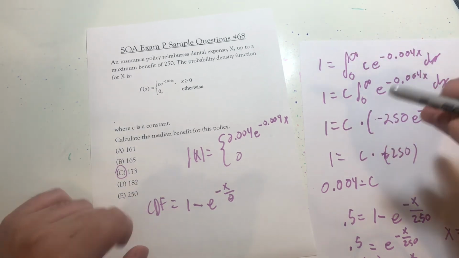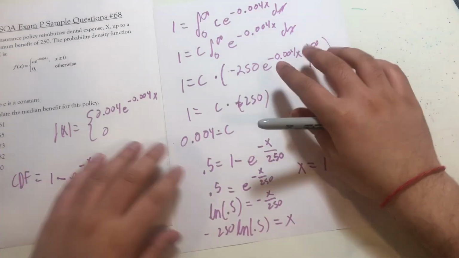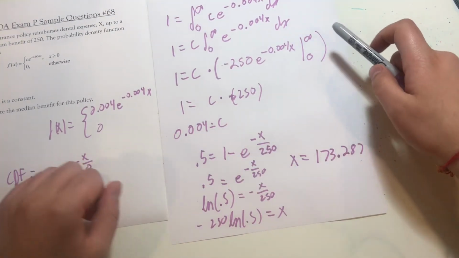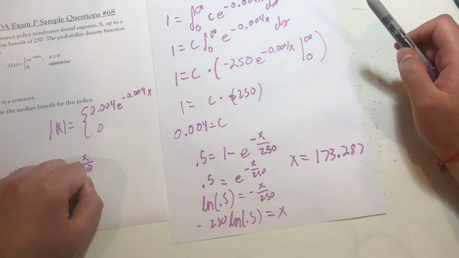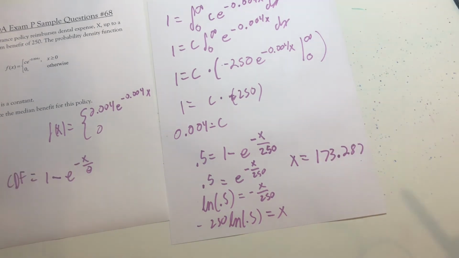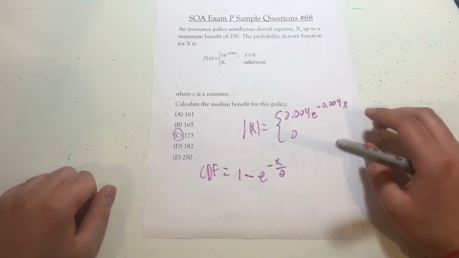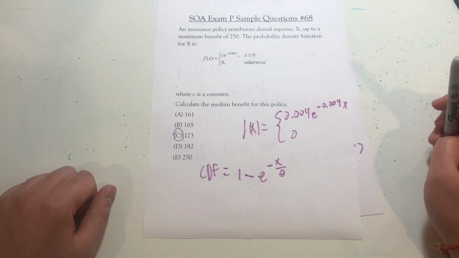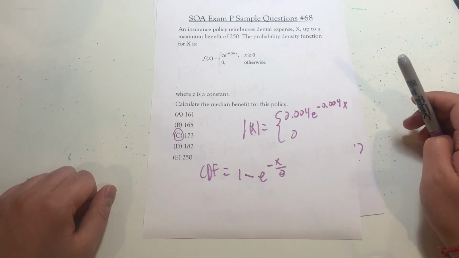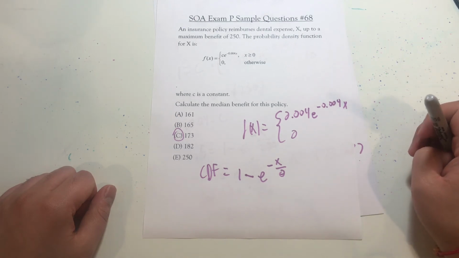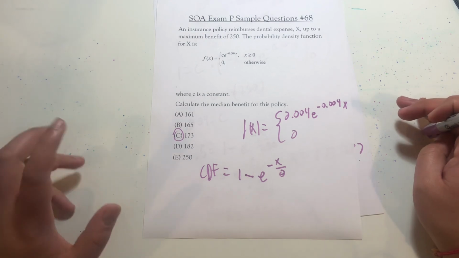Since we have a really nice formula for the CDF, I'm able to solve for what value of x causes this to be 0.5, and I found it to be 173. And from there, I just have my answer. That is my median benefit. And that's pretty much it.